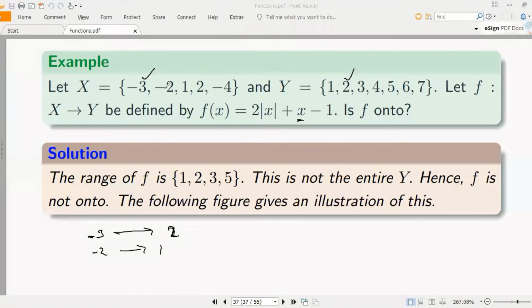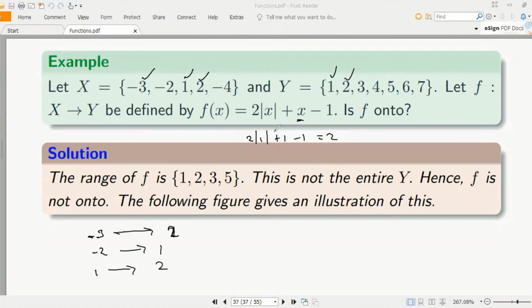Now, what is the next element? It is 1. What will be 1 assigned to? So it will be 2 times the modulus of 1, plus 1, minus 1. And this is 2. So 1 is assigned to 2. Then we come to this.